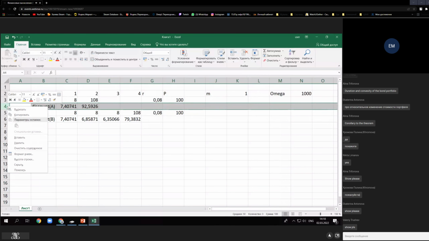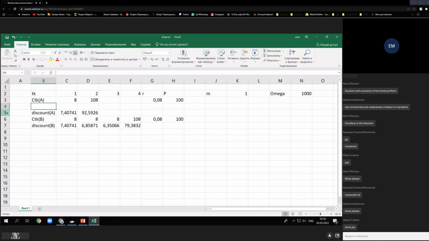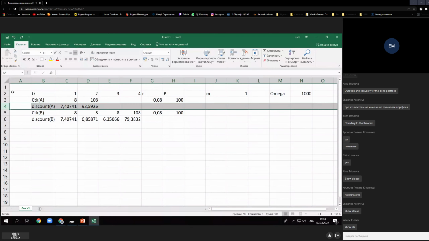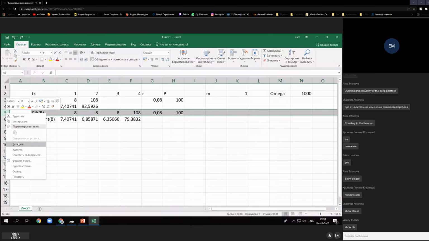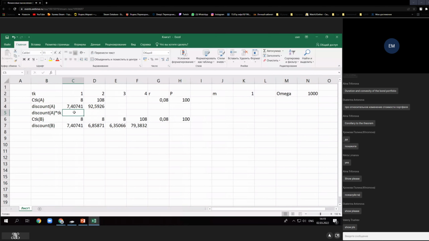So to find the duration, I remind you, you should multiply it by tk according to the formula on the previous lecture. Actually, it will be equal to this number multiplied by corresponding tk. You will have like this.